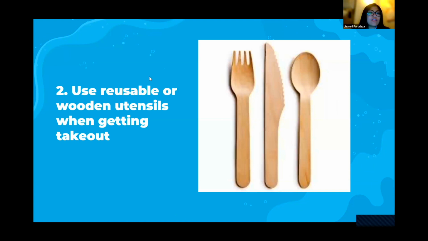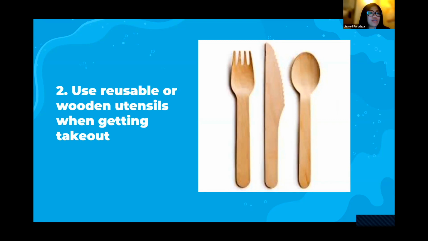So the second out of 10 tips that I've gathered for you guys is using reusable or wooden utensils when getting takeout. So I know personally, I used to always ask for lots of spoons and forks to take with me from restaurants, but I stopped doing that ever since I realized how harmful it is to the environment.